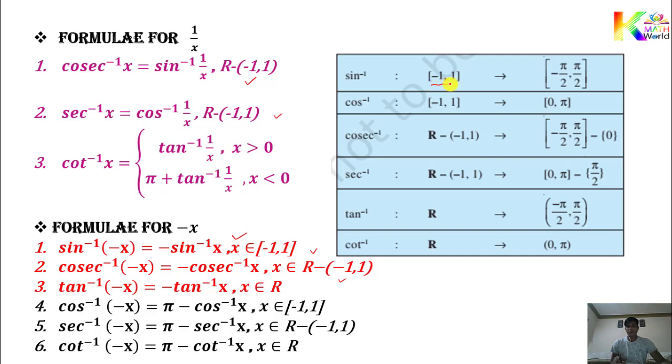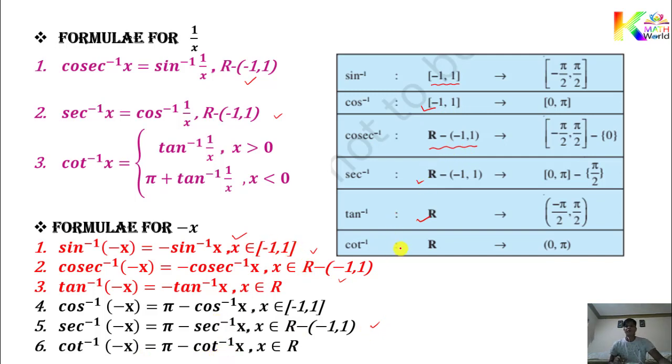This is the domain: closed interval minus 1 to 1. Cosec inverse x, what is the domain? R minus the open interval minus 1 to 1. That's why this is the condition there. For tan inverse, what is the domain? R. Cos inverse, what is the domain? Also minus 1 to 1, closed interval. Sec inverse, what is the domain? R minus the open interval minus 1 to 1.